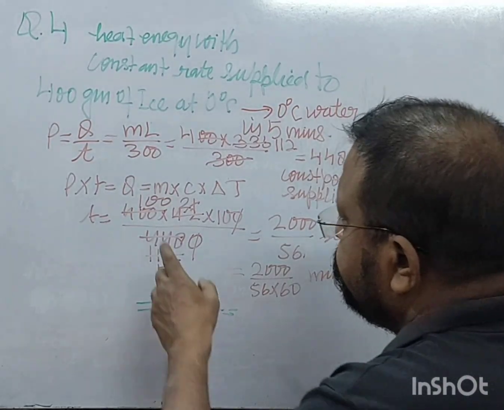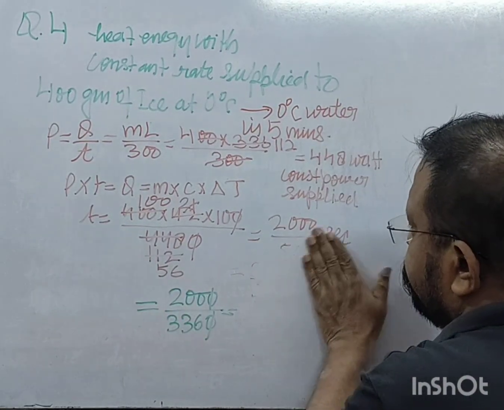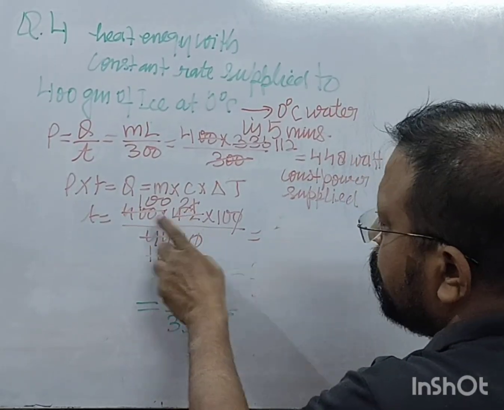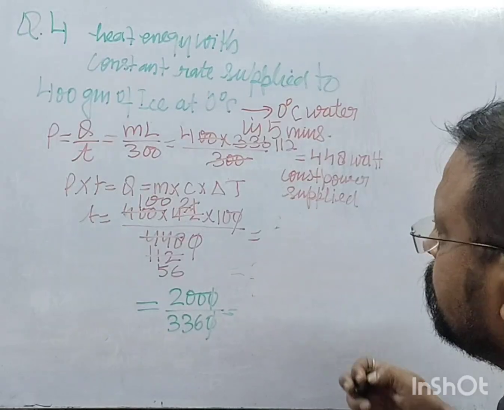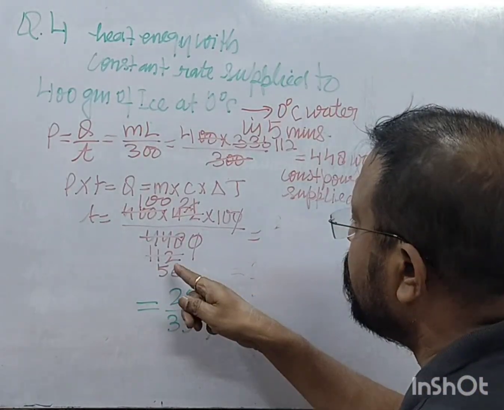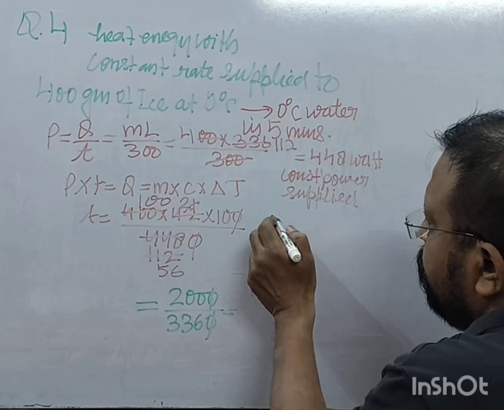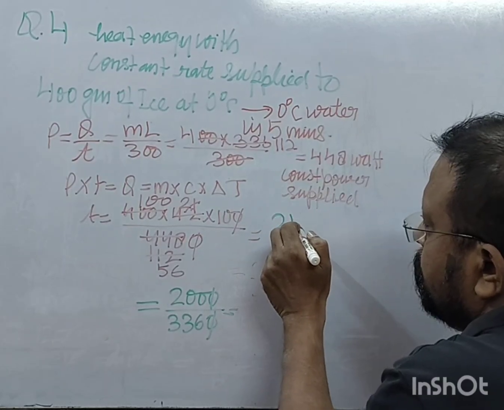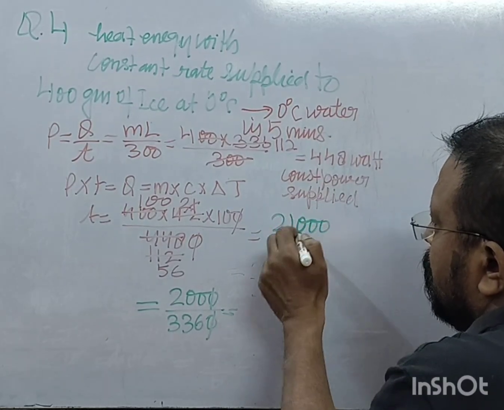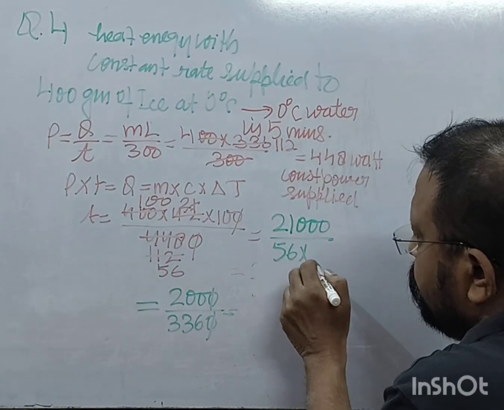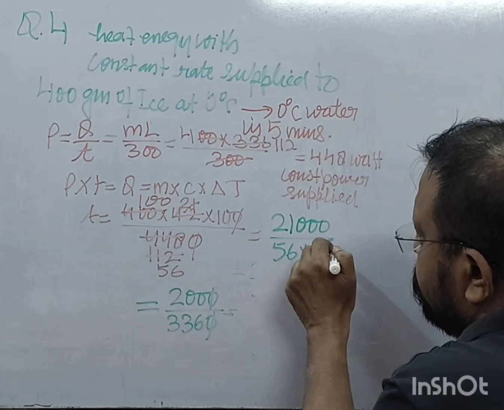So that into करके, no, no, इसके बाद this is times 21. It is 21,000 upon 56 into 60.